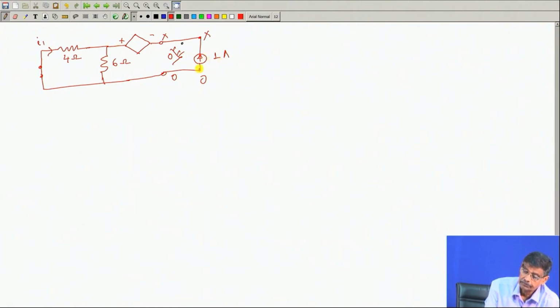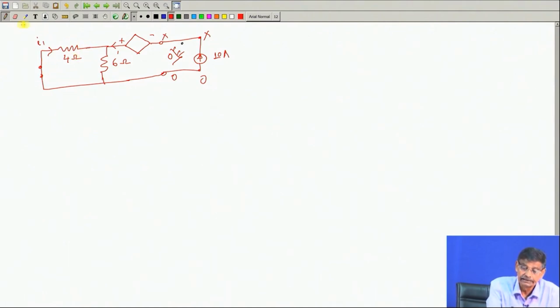Now, the moment you connect a current source between these 2 points, 1 ampere is flowing here, or connect 10 ampere, it will be easier. Any current source, maybe 0.5 ampere will also do, but that you decide. So, once you do that, what will be the current in this branch?